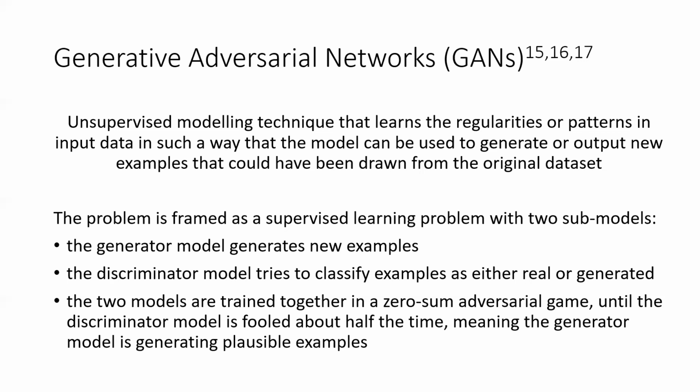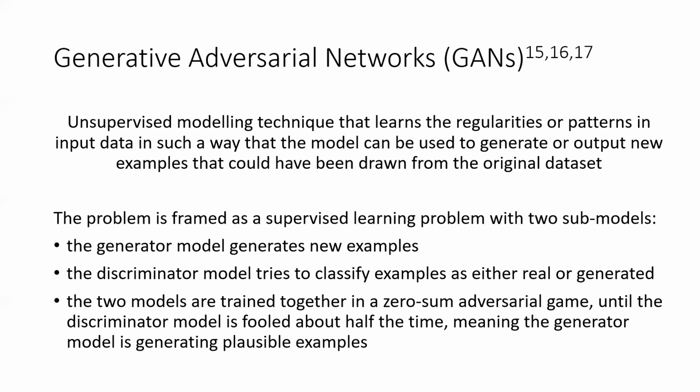So what happens is we feed the discriminator model examples that may come either from the original data set or from the generator model, because the generator, as we said, learns to generate some examples, and the discriminator tries to learn whether the examples it is shown come from the real, original data set, or are fake, coming from the generator.